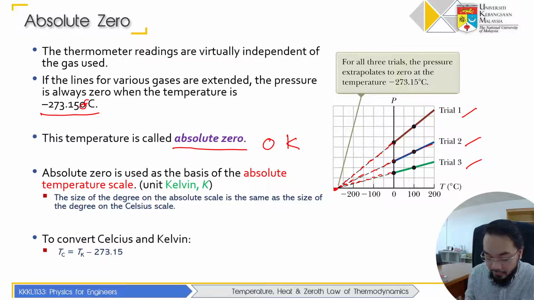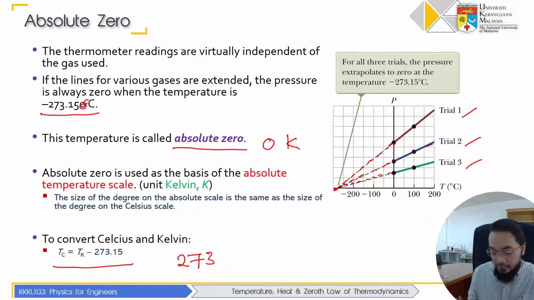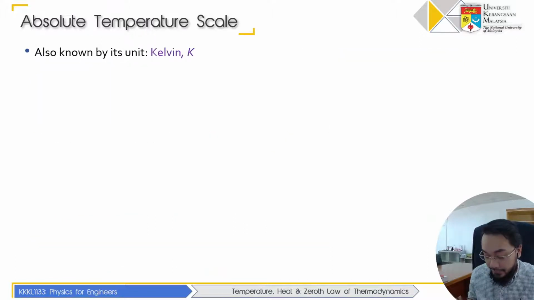To convert between Celsius and Kelvin, you need to use this equation only. In answering exam questions, if you convert Celsius to Kelvin or vice versa, it's okay to use 273 as an approximation. Even if you don't remember the 0.15, it's still okay, but it's better that you include 0.15.